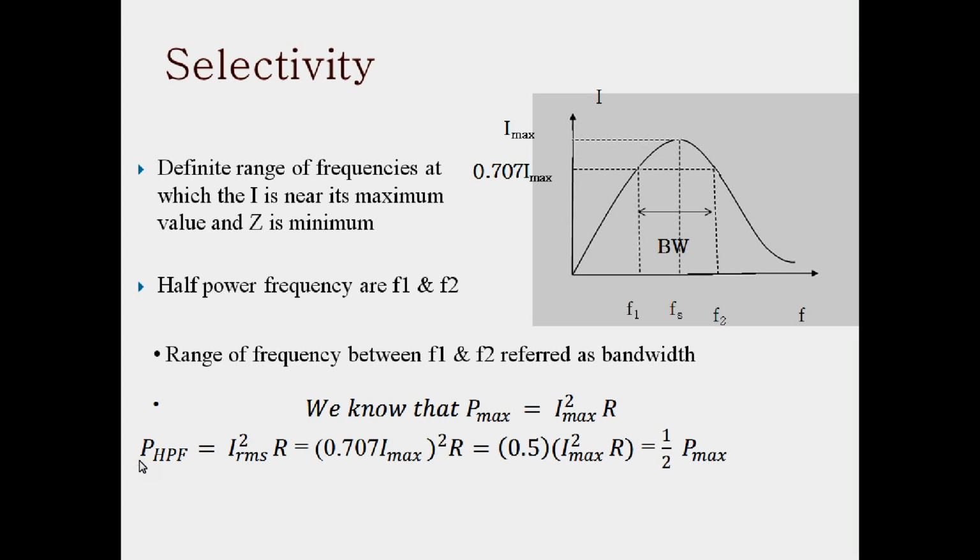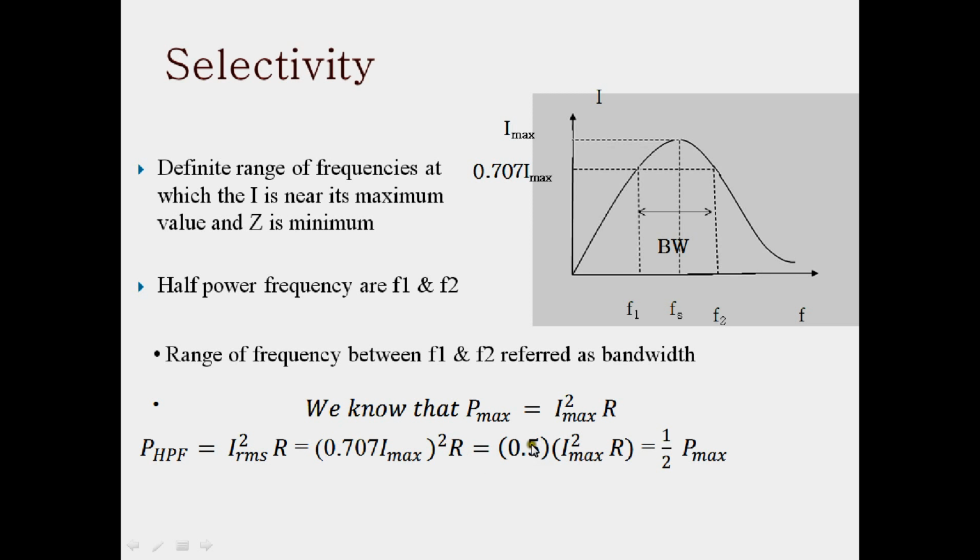So I RMS is equal to 1 divided by under root of 2 times I max. 1 divided by under root of 2 is equal to 0.707, so power is 0.707 I max square into R. 0.707 square is equal to 0.5.